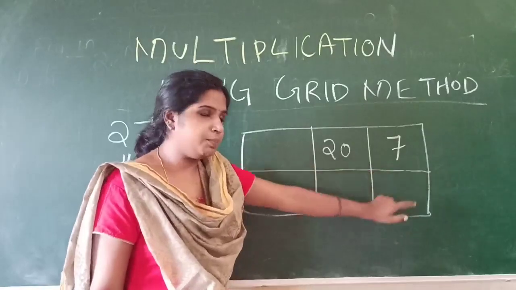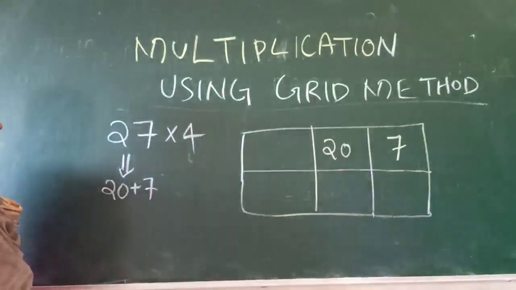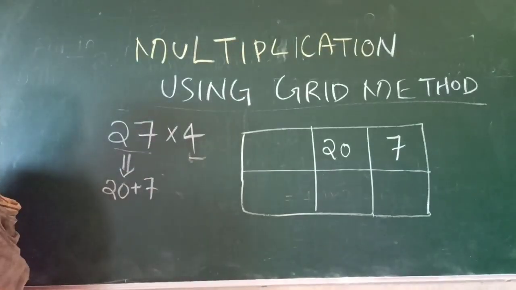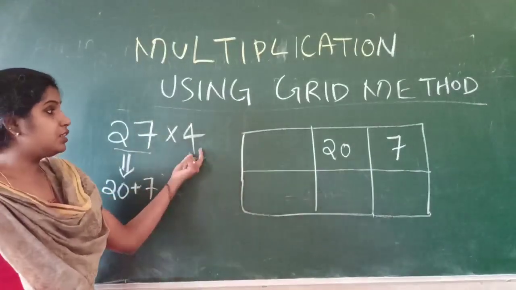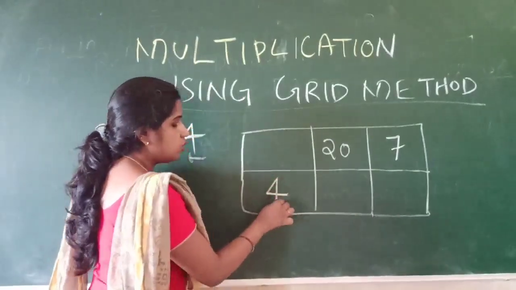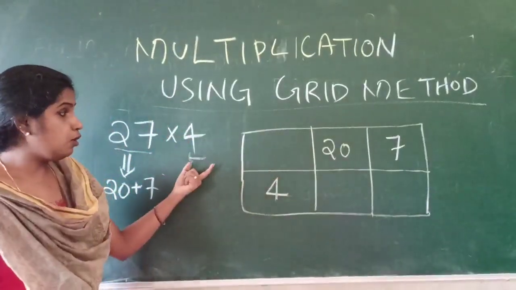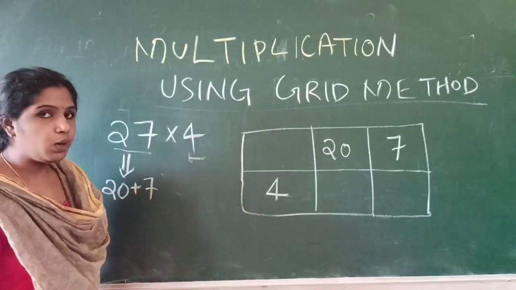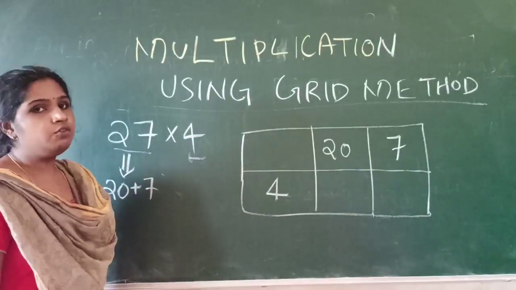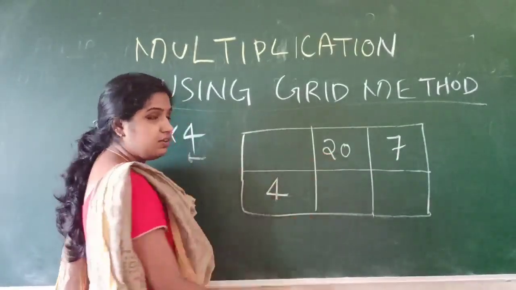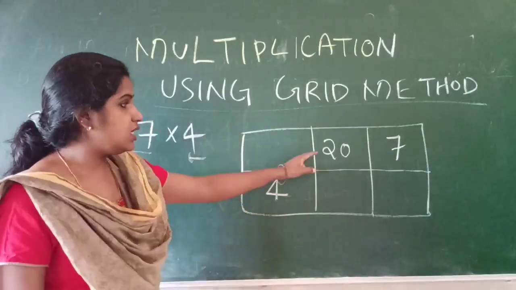Look carefully. Now we are multiplying this 27 with 4, so I am putting this 4 here. Now we have to multiply this 4 with 20 first. 20 into 4.